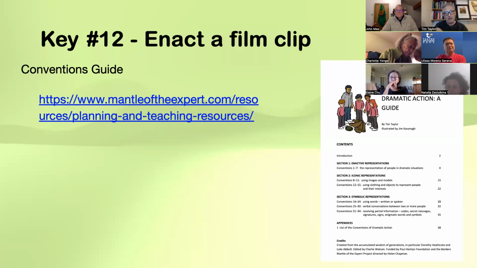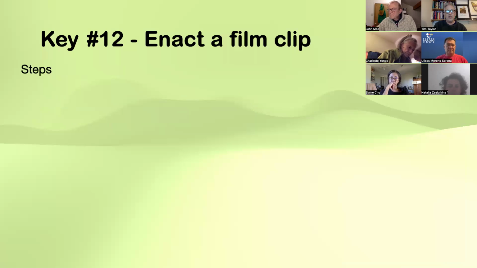It's about enacting as if it's a piece of film. There are some rather lovely illustrations that go with that convention, and I'm going to use those illustrations for the explanation of these steps. So here are the steps. We're just going to go through them one at a time.